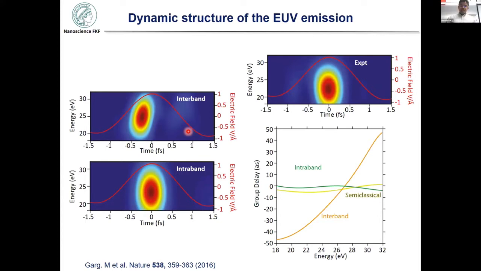So actually, the thing is, solids have a much lower damage threshold. So you cannot expose them to very high intensity. This is one limiting factor. But if you compare the intensity range in which we do our experiments in solids with the intensity range where the experiments are done in the case of gases, we have found that the solid is much more superior compared to gas.